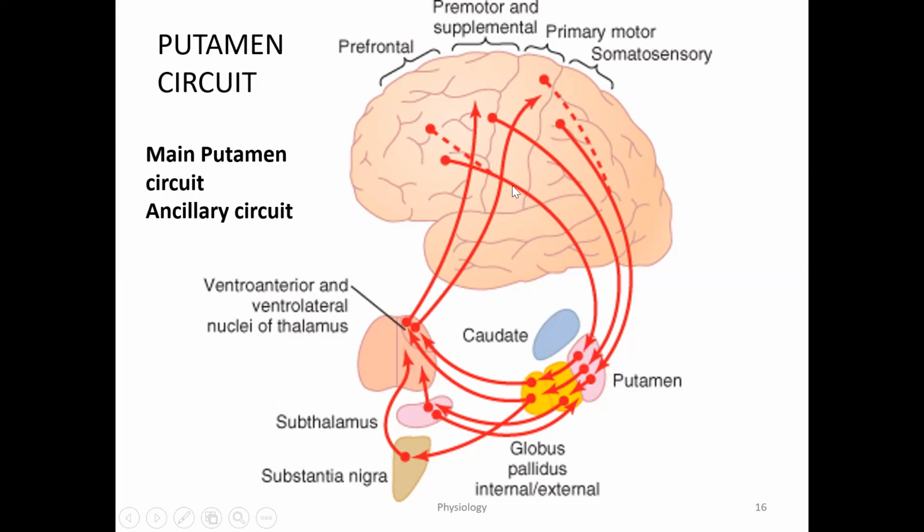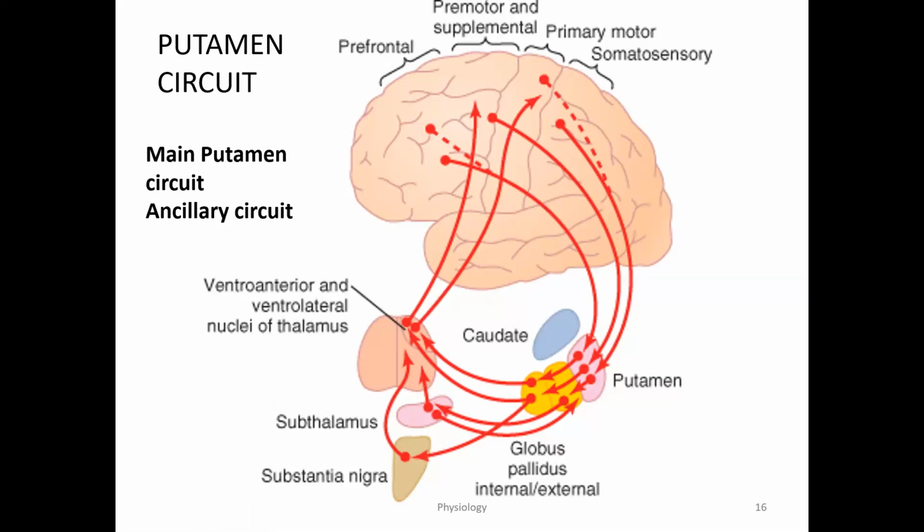From here they enter into the ventroanterior and ventrolateral nucleus of thalamus, and from there they send impulse signals again to the primary motor area. So the main putamen circuit is: putamen, globus pallidus internal segment, then the ventroanterior and ventrolateral nucleus of thalamus, and then the primary motor area. This is the main putamen circuit.